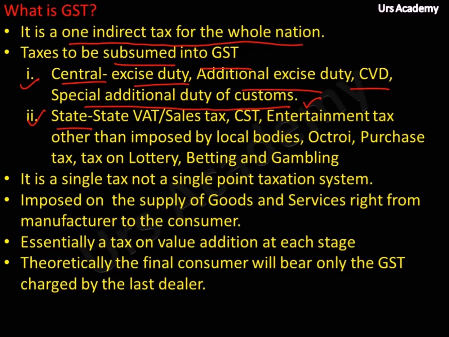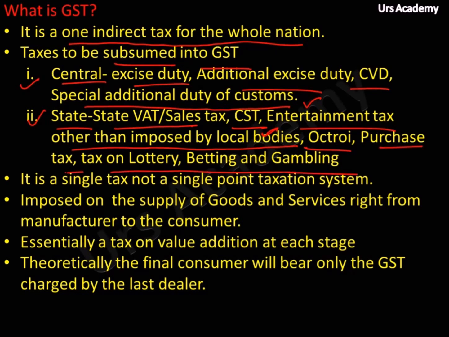And under state, there will be state VAT or sales tax, central sales tax, and entertainment tax, other than that imposed by local bodies. Those which are with local bodies will be left with them; they will not be included in GST. Octroi, purchase tax, and tax on lottery, betting and gambling will also be included in GST.